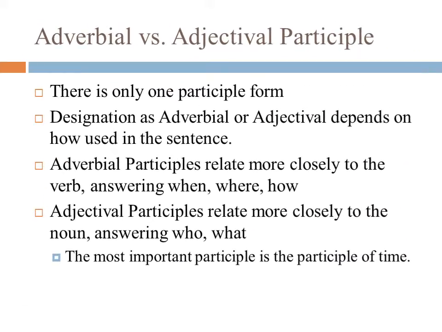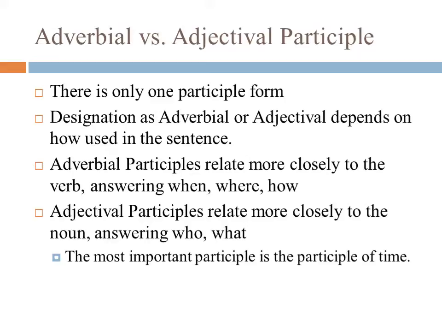Adverbial versus adjectival participle. Now, you have two different chapters on this, and Mounce explains very clearly the difference between them. But the important thing to understand is there is only one participial form. There is not an adverbial participle form or an adjectival participle form. There's only one participle.